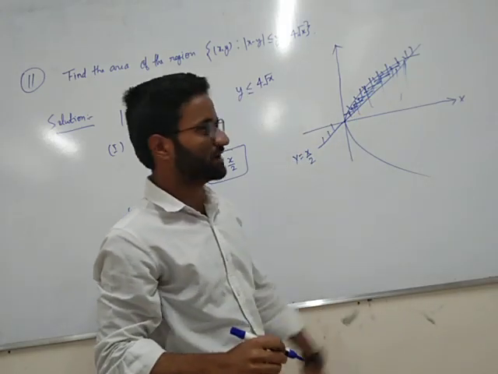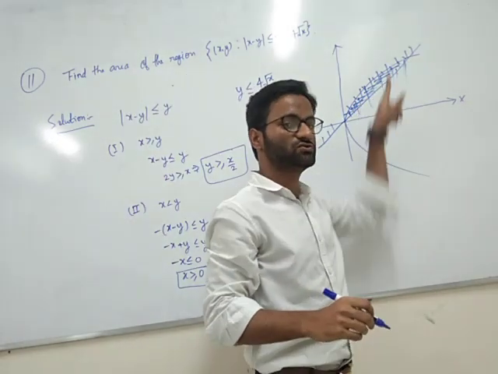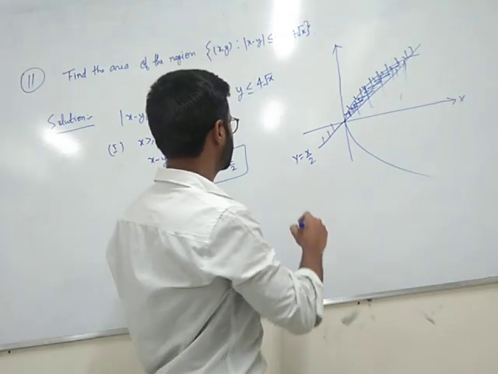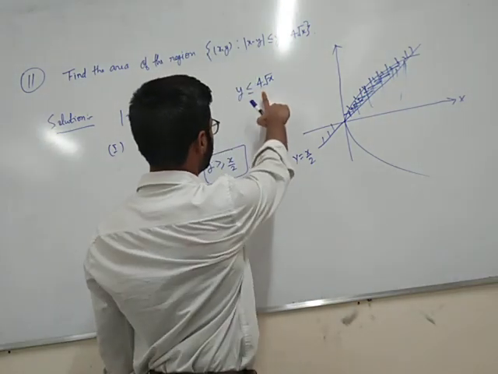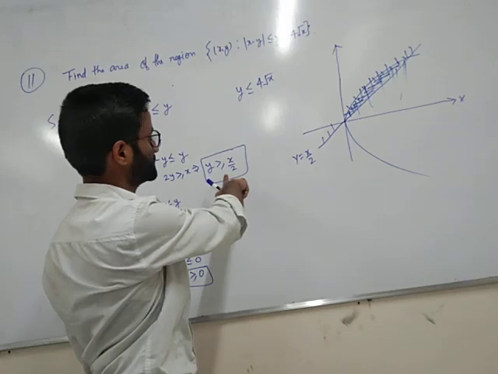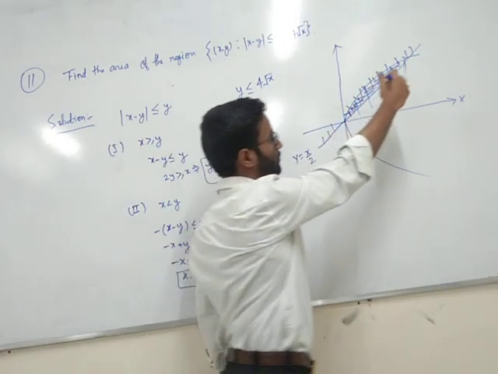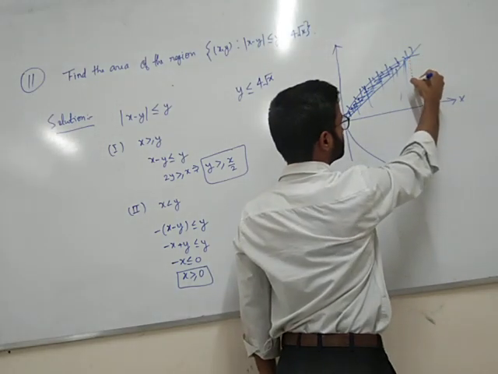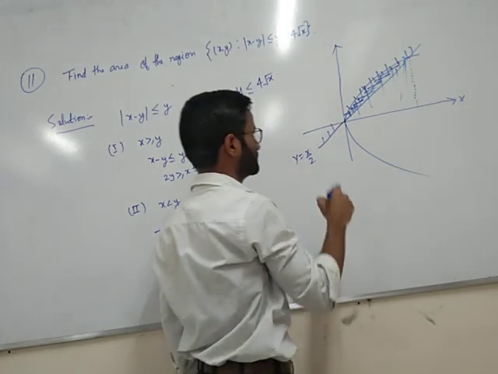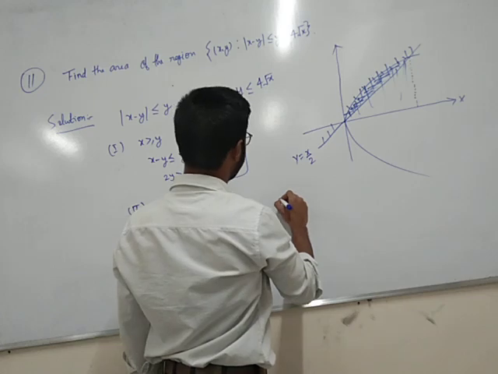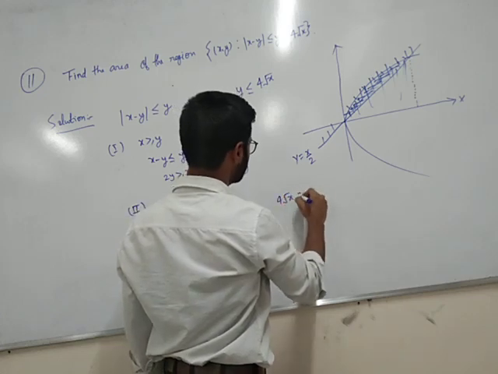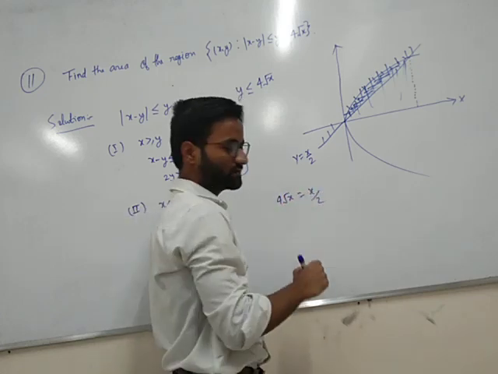And now I should have this intersection point also. So how to find that? Let's take this equation and this equation. It is obvious that at the origin they are intersecting, and we don't know the value of the other point. So suppose 4 root x is equal to x by 2.